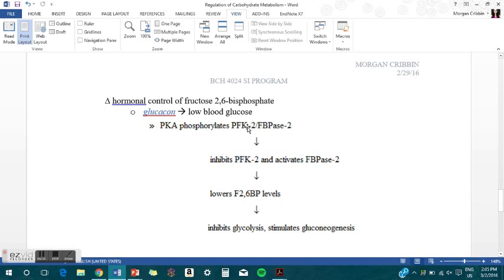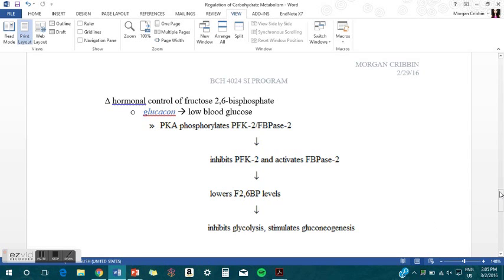So when you phosphorylate that bifunctional enzyme, you're going to activate the FBPase2 subunit of it and inactivate the PFK2 subunit. So it's going to be dephosphorylating this fructose 2,6-bisphosphate and lowering its levels, which is going to, like we said, inhibit glycolysis and stimulate gluconeogenesis. Again, this makes sense because glucagon signals low blood glucose, so you want to stimulate the creation of glucose and tamper down on the breaking down of it because you already don't have enough.